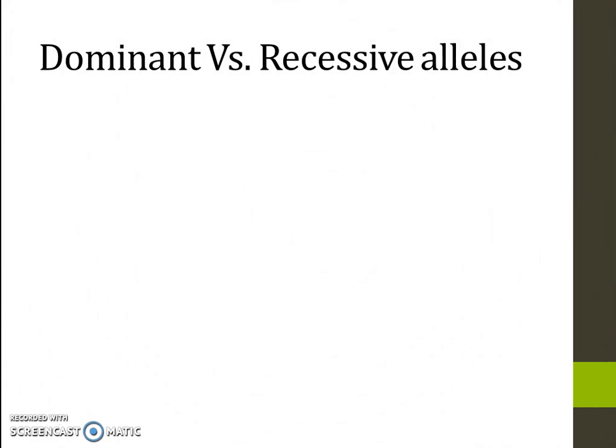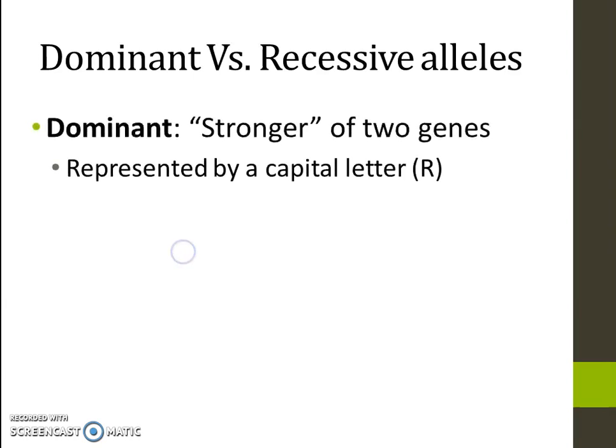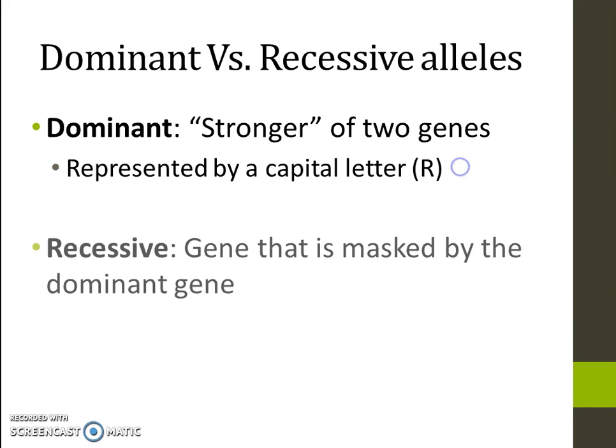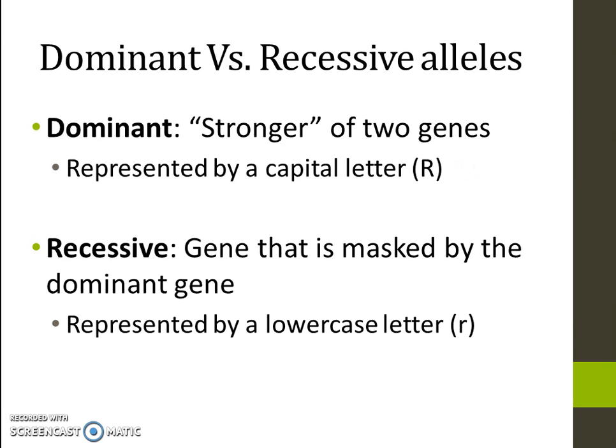Alright, so dominant versus recessive alleles. It's considered dominant when it's the stronger of the two genes, which all that means is if it's present, that's the trait you'll see. And we represent that with a capital letter. Recessive then is the gene or the allele that tends to get masked by the dominant one, and we represent that with a lowercase letter.